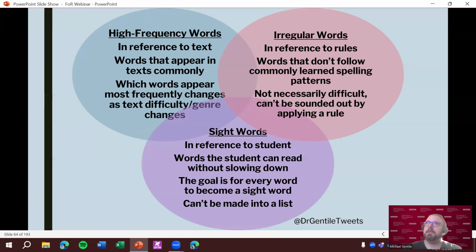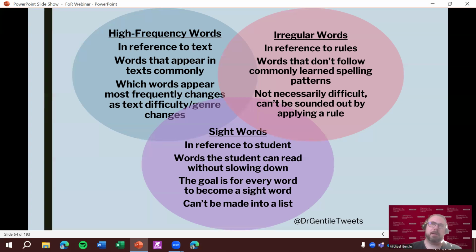So words can be irregular at some point and then become regular once you've taught them the rules. These are words that don't follow the spelling patterns that we're teaching. They aren't necessarily difficult, but you're not going to use a rule to sound them out.